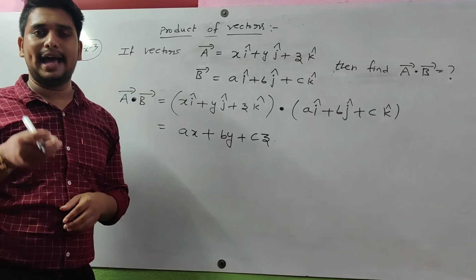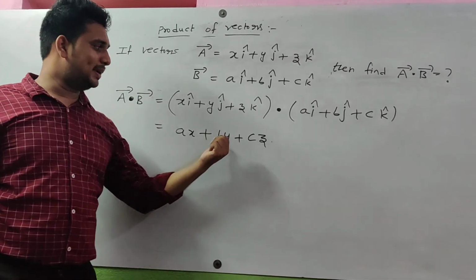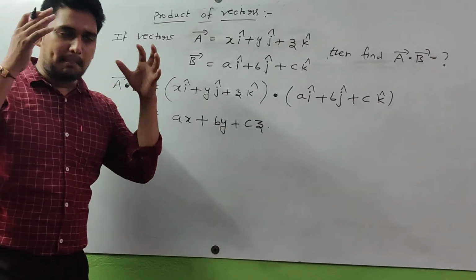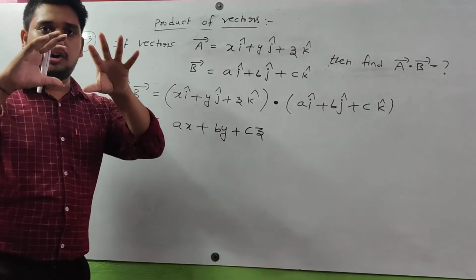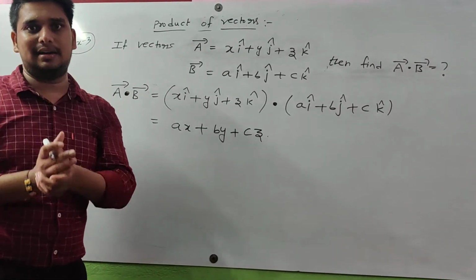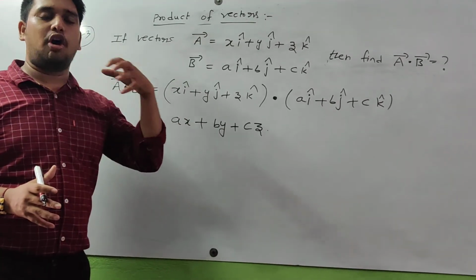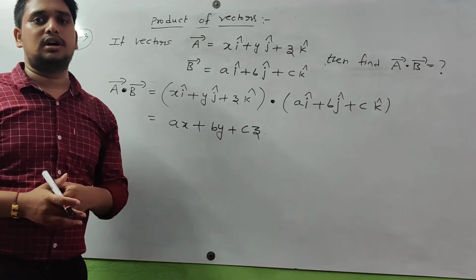Scalar means what? It has only magnitude, it doesn't have direction. Observe here, ax plus by plus cz is a magnitude or not? That's why after multiplying two vectors, the resultant value is a scalar. That's why this product is also called scalar product or dot product of vectors.